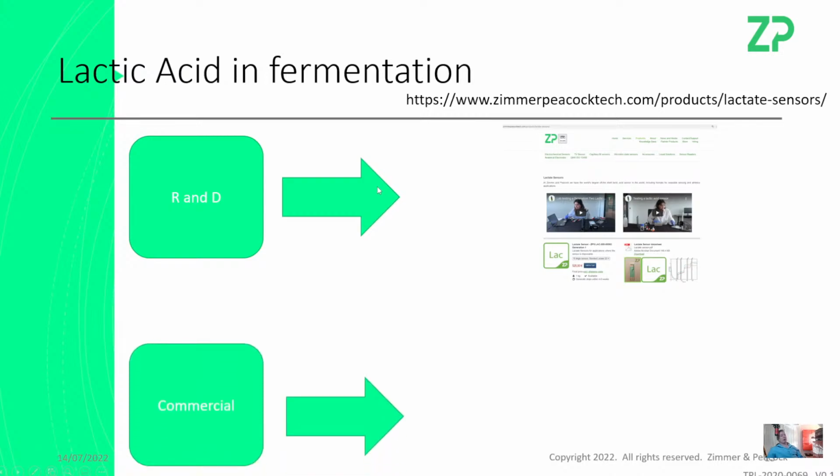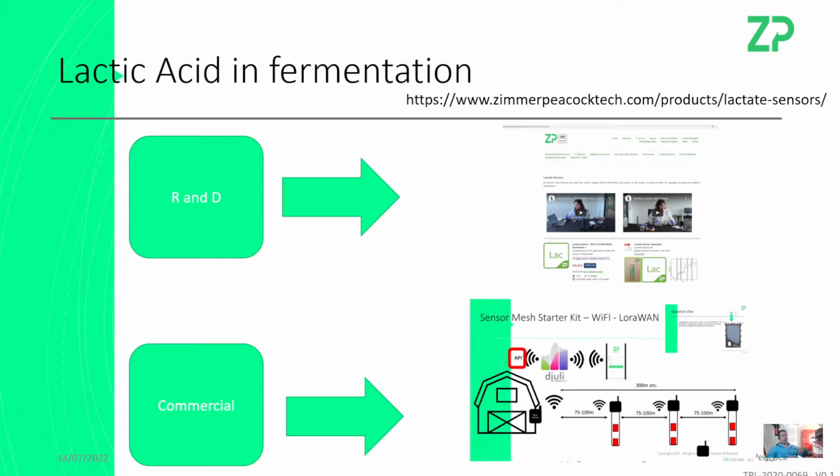For the commercial one, if you're going to measure lactic acid in a bioreactor, then you would really use the same solution that I was talking about earlier, that the sensors would go into the bioreactor. There'll be a hub which could receive the data, and then we would send the data to the cloud.